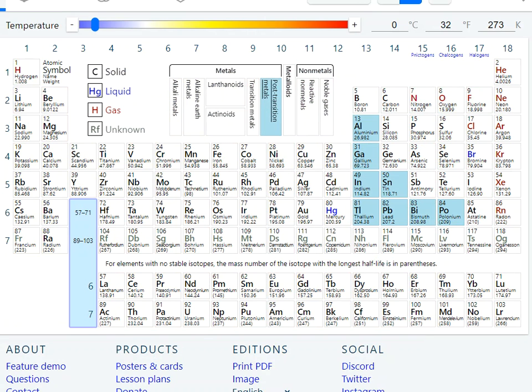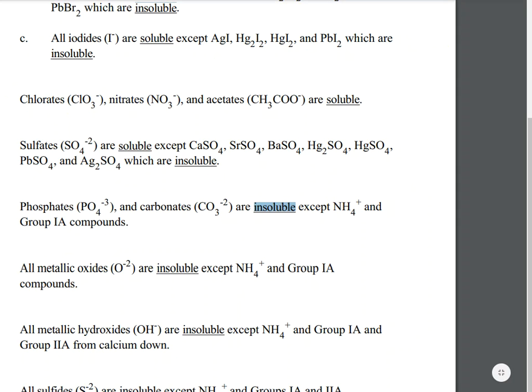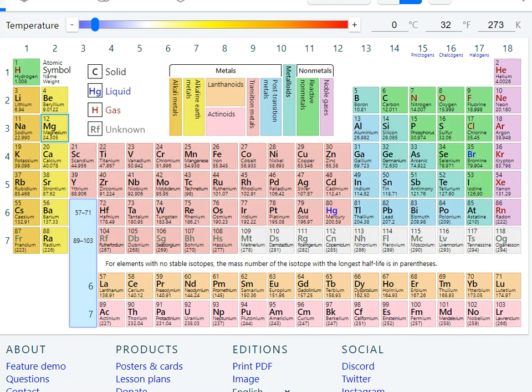Those are going to be classified as metallic, and if they bond up with oxygen, those are metallic oxides. Those are insoluble. So for instance, MgO. Mg is a metal. It's right there, number 12. If that pairs up with oxygen to make magnesium oxide, it is an insoluble compound. If calcium pairs up with oxygen, it's insoluble. A precipitate would happen. Okay?